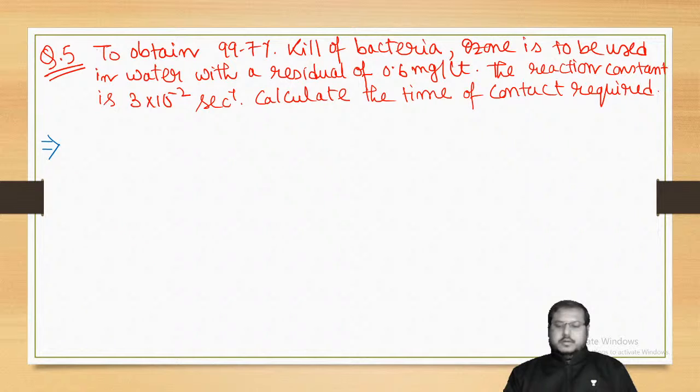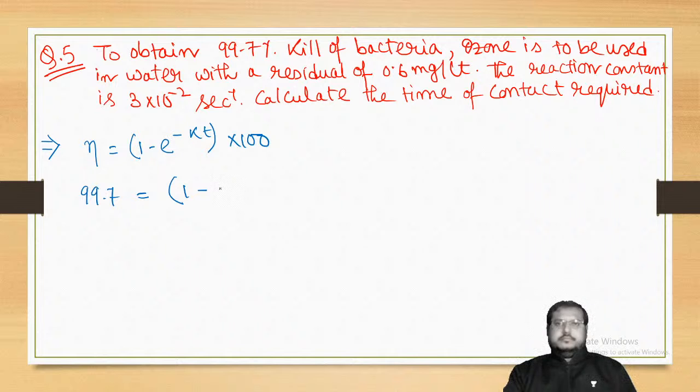So we know that from Chick's law for disinfection, eta is equal to 1 minus e to the power minus kt, into 100. So 99.7% efficient equals 1 minus e to the power minus 3 into 10 to the power minus 2 into t, into 100.